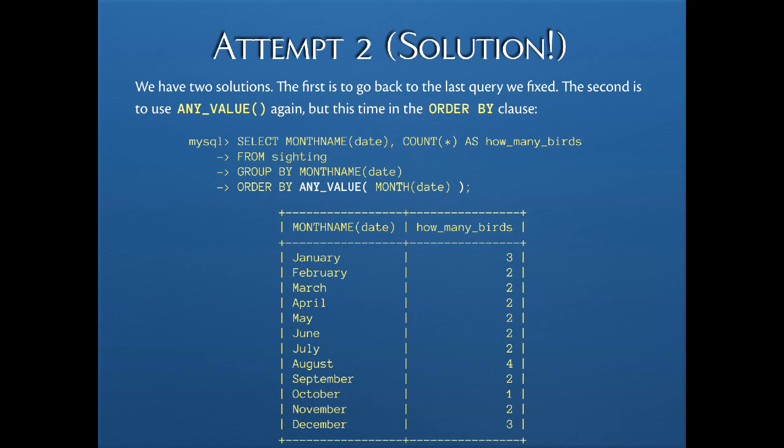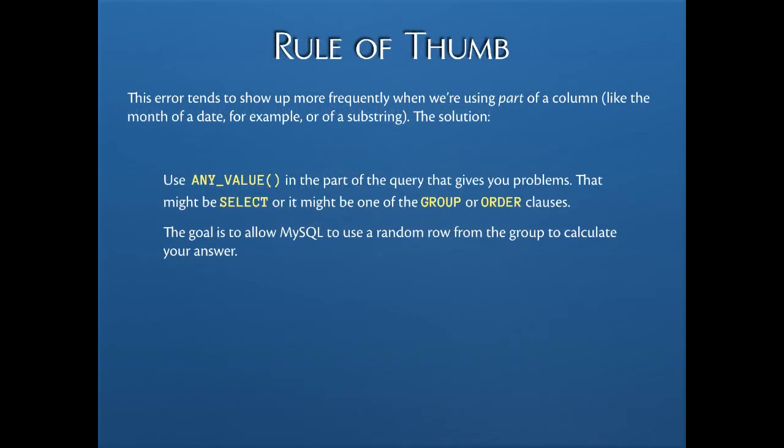So there are things that I can do to help solve that problem, and any value is really the one to use. So again, use any value in any part of an aggregation query that gives you problems. It might be up in the top, it might be at the bottom, it doesn't really matter. The problem is that MySQL doesn't know that any row at random in that group will be sufficient to help us get to the end, right?